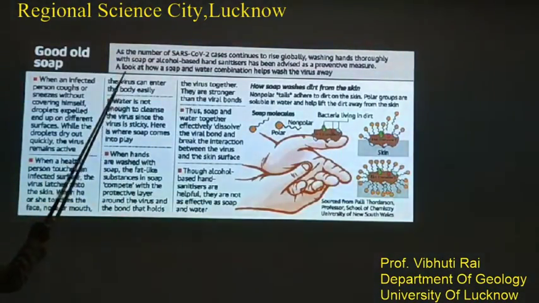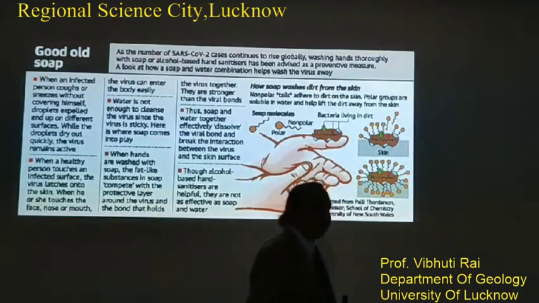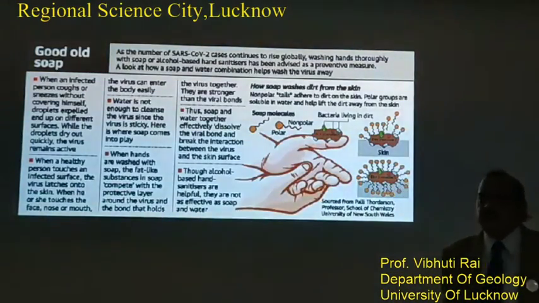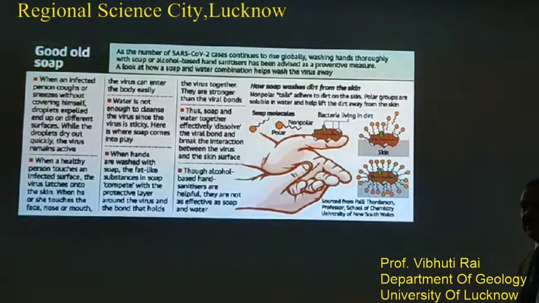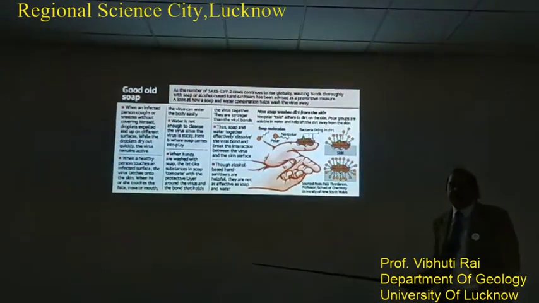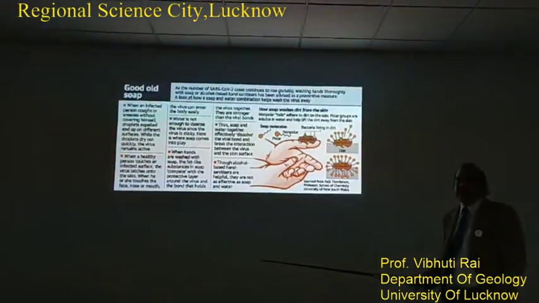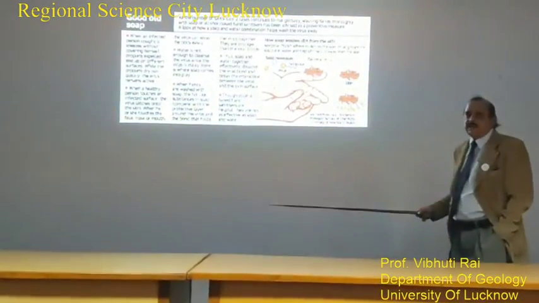We look at how a soap and water combination helps wash the virus away, as shown in this diagram, where both of these are effective, because alcohol is very useful in melting the chemical that is contained in the virus, and so is the soap because of the surface tension. So basically these two things are very useful in destroying the compound that contains the virus.